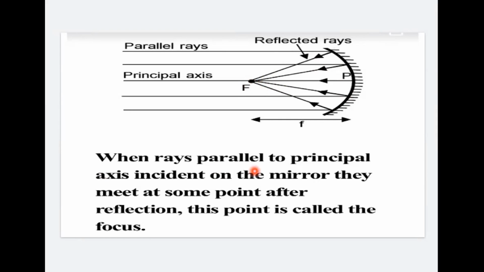When rays parallel to the principal axis are incident on the mirror, they meet at some point after reflection, and this is called the principal focus or focus. One thing to note here, students, is that the focus for a concave mirror is always towards its left, that is, always towards the shiny part of the concave mirror.